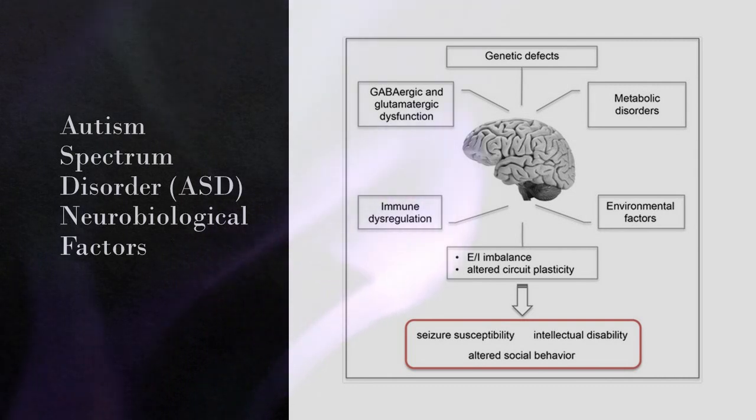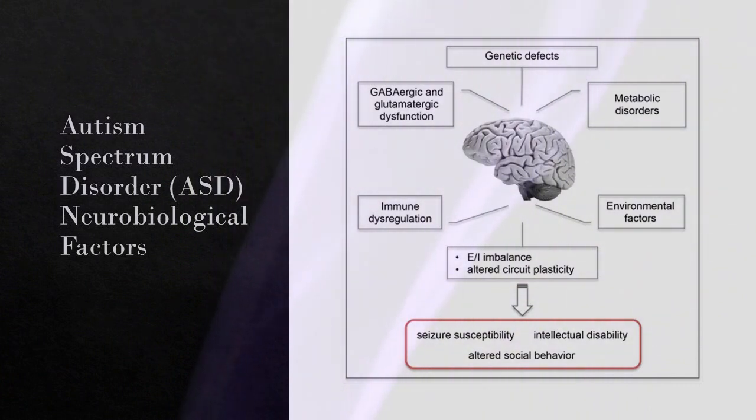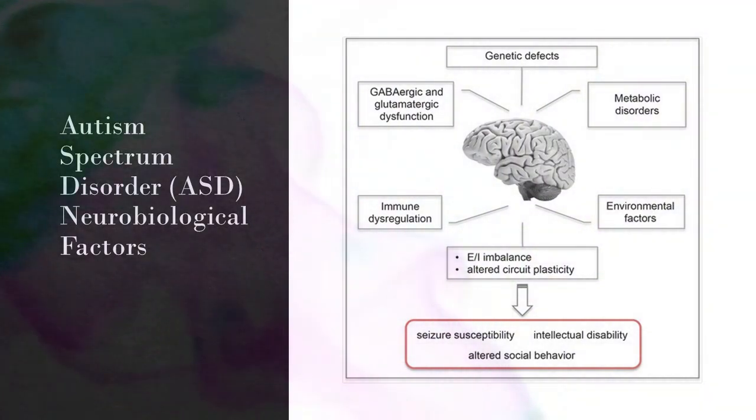But autism spectrum disorder is considered polygenic, which means that there are multiple genes that seem to contribute to its development. Now, they've started to focus in on a few of these genes, but the interplay of various gene factors really adds to the complexity of the genetic landscape when it comes to autism spectrum disorder.